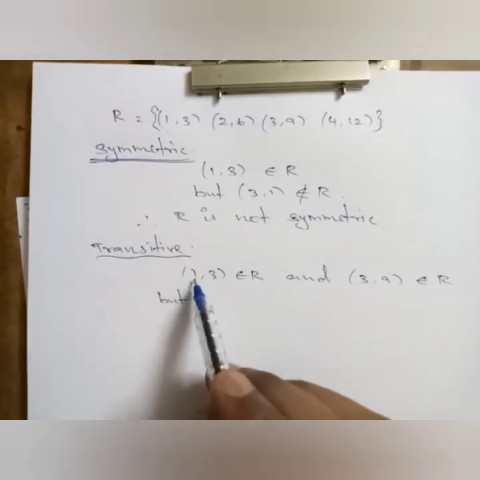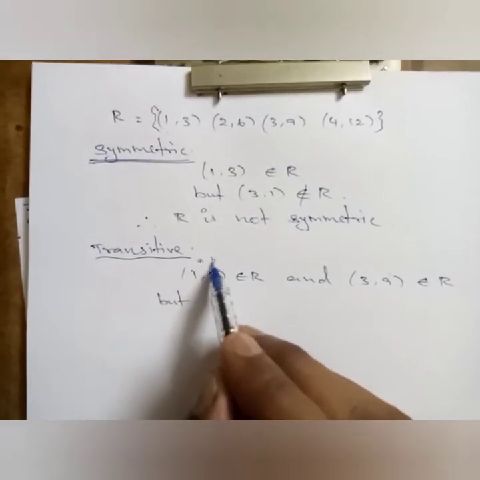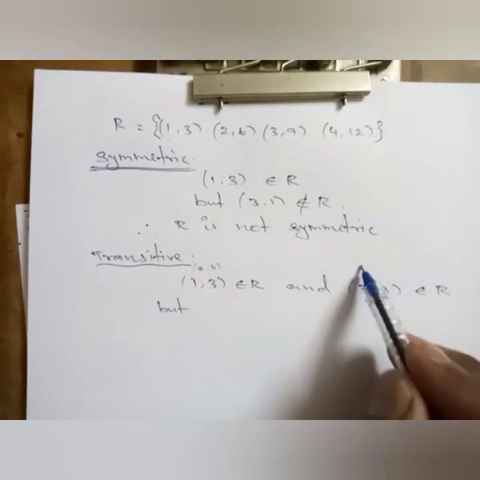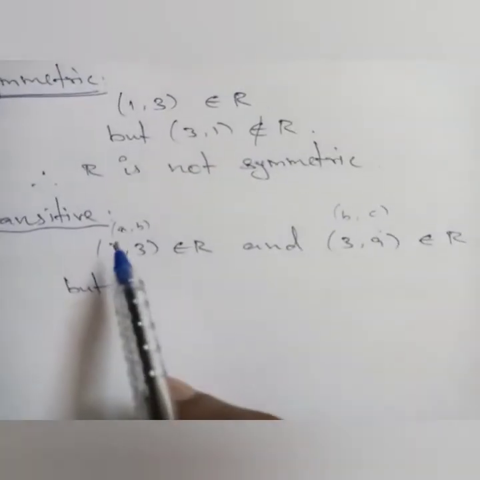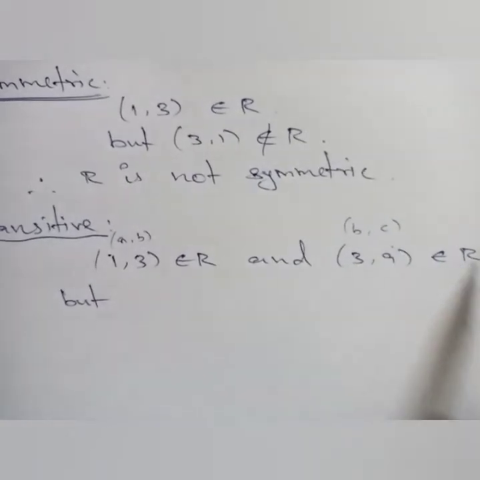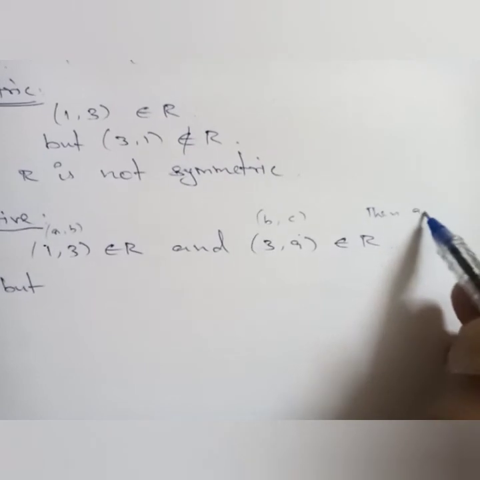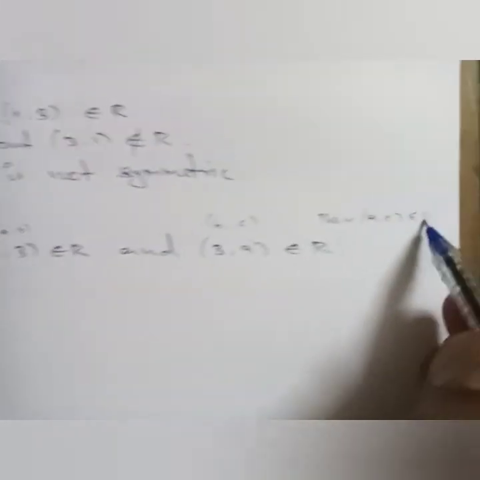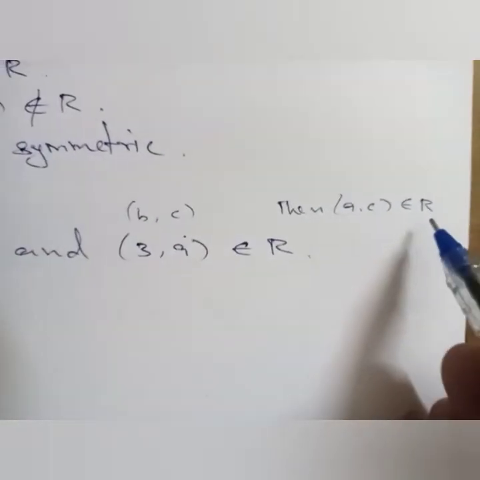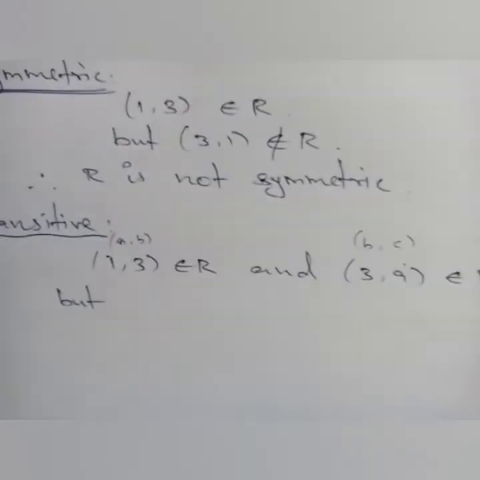What is the condition? (a, b) belongs to R, then (b, c), another element, belongs to R, then (a, c) also belongs to R, then only we can say it is transitive.